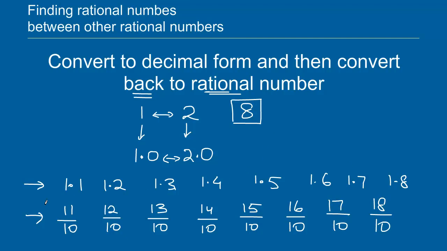So we have found out all these numbers. These are rational numbers between 1 and 2. So this is my favorite way to find out rational numbers, specifically when I have a large number of rational numbers to find. Let's take a look at one modified form of this example.